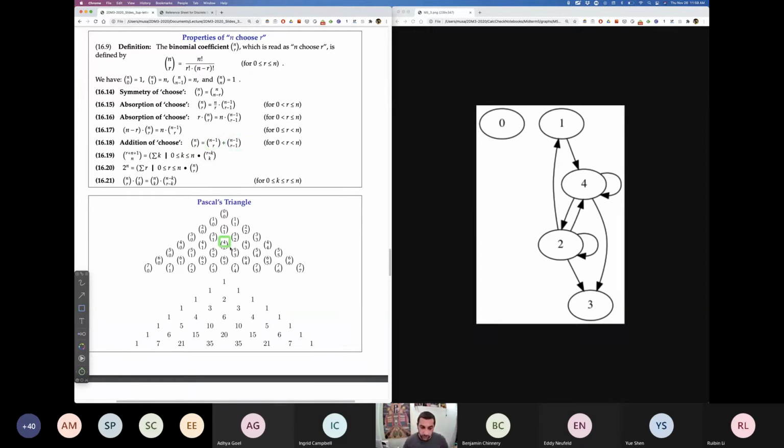So if I want 4 choose 2, I just add up the ones right above it: 3 choose 1 plus 3 choose 2 is the sum that gives 4 choose 2. It's a nice little formula, and I find out that it's just 6. So if I have 4 items and I try to choose 2, it ends up being 6.